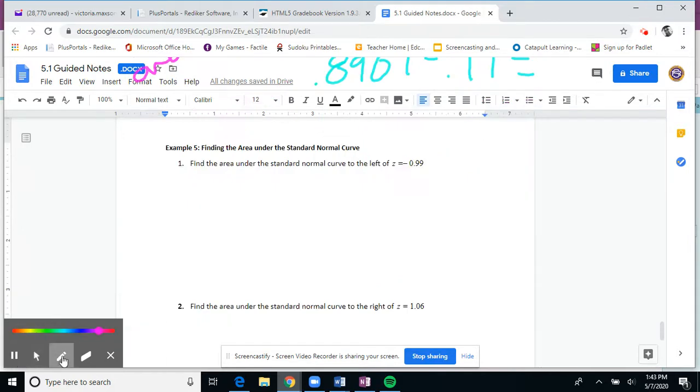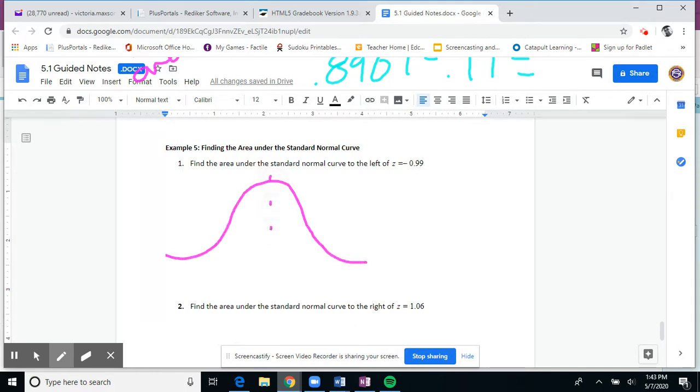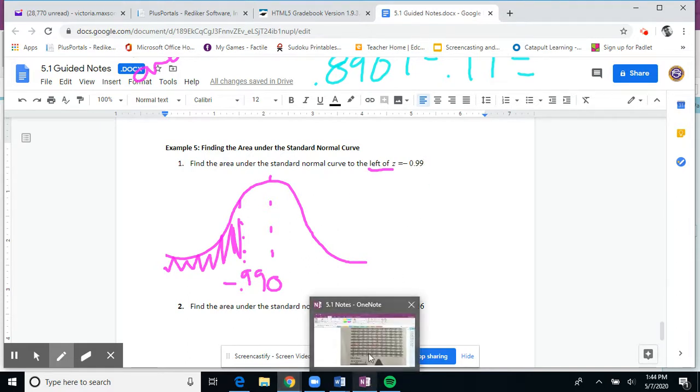Now we have some more examples. Find the area under the standard normal curve to the left of z equals negative 0.99. So here's 0. Negative 0.99 is here, and we are going to find the area to the left. So when we find the area to the left, that is the number on our chart for negative 0.99.